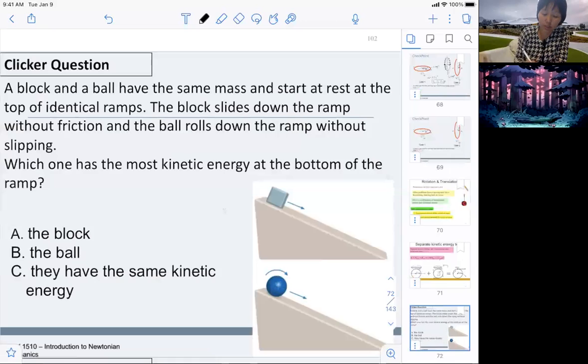The information they're telling you is that they all start from the same height. And that is very important. They start from the same height and you're looking at their kinetic energy at the bottom of the ramp. How do they compare, okay? All right, I'm going to let you discuss this within your group for a couple minutes. And when we come back, we can go ahead and vote.